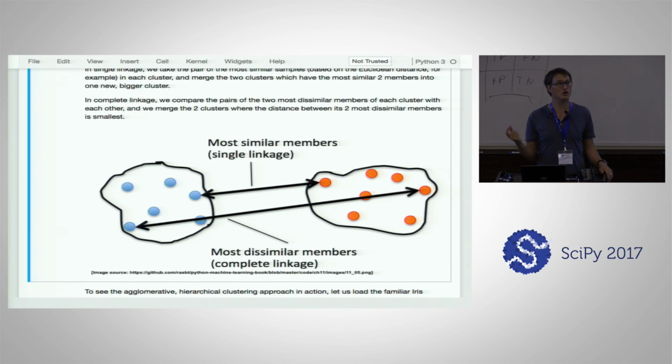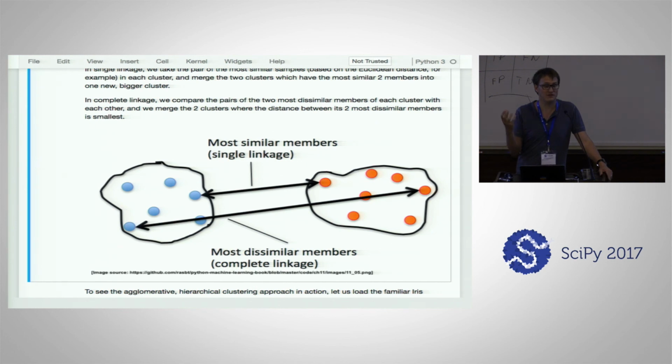The most obvious thing to do is to say, I'm going to find the two samples which are the closest to each other in terms of Euclidean distance, and they're going to be one cluster containing 2 samples. And then you need to move on. But then you need to find a way to say, what does it mean for a cluster to be close to another cluster?